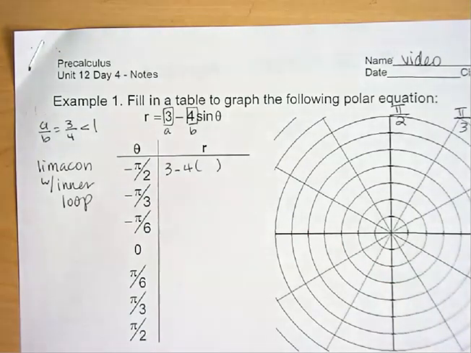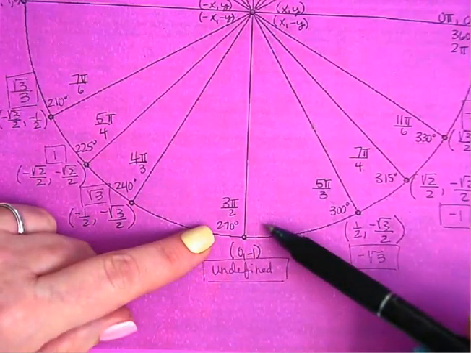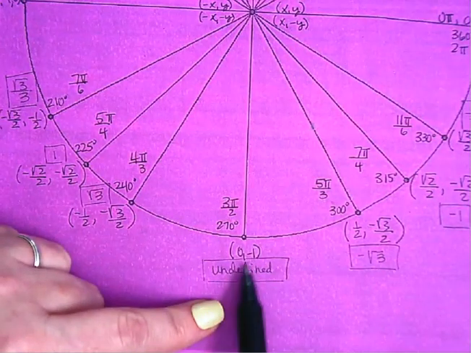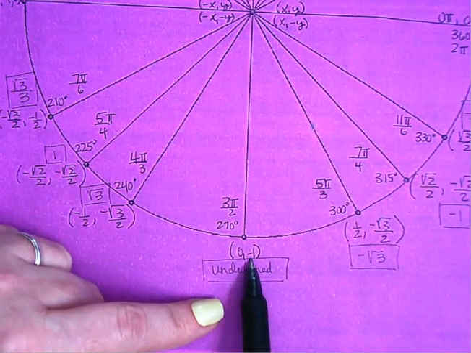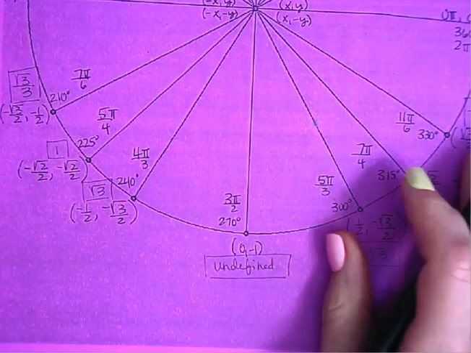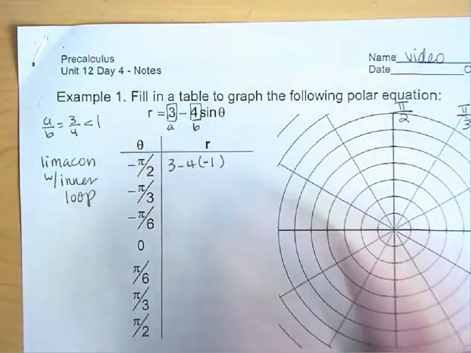So I'm going to go to my unit circle, find -π/2, which is here, and the sine value there is the y value there, which is -1. So sine of -π/2 equals -1. So I can replace the sine theta there in my equation.